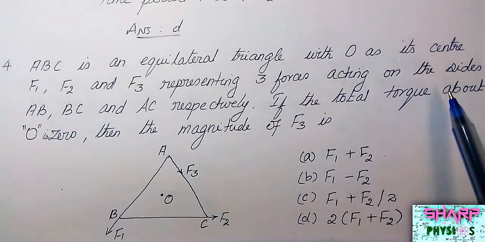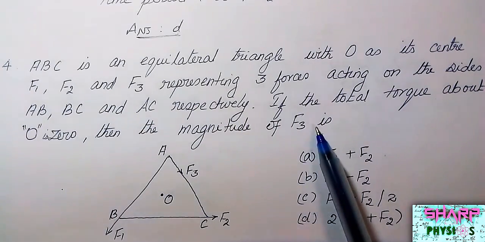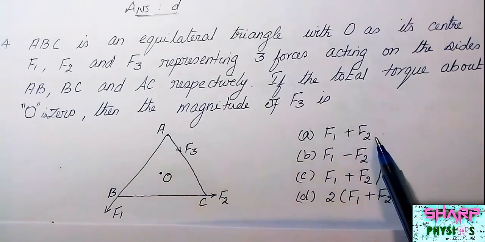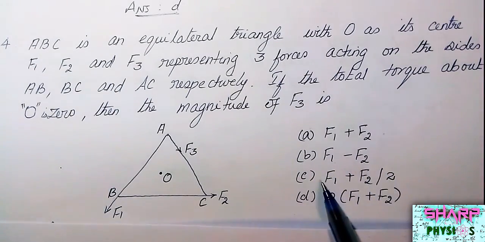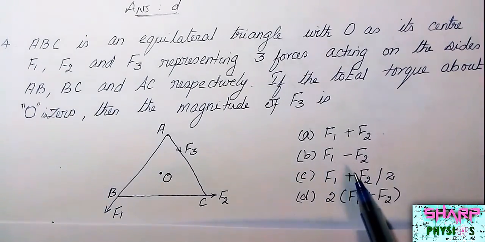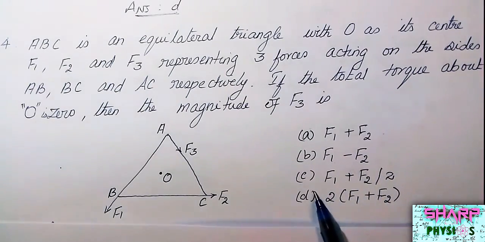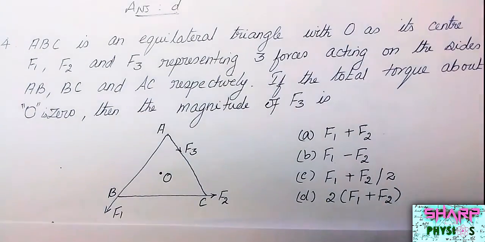If the total torque about O is 0, then the magnitude of F3 is: option A, F1 plus F2; option B, F1 minus F2; option C, (F1 plus F2) divided by 2; and option D, 2 times (F1 plus F2).